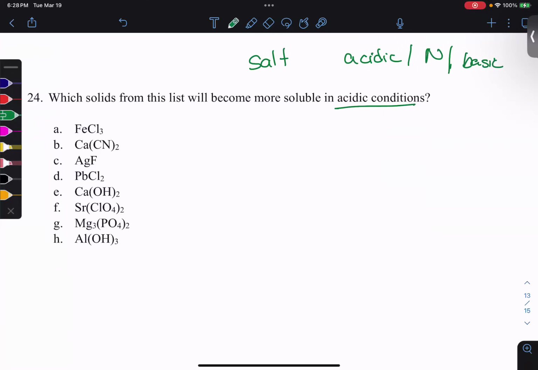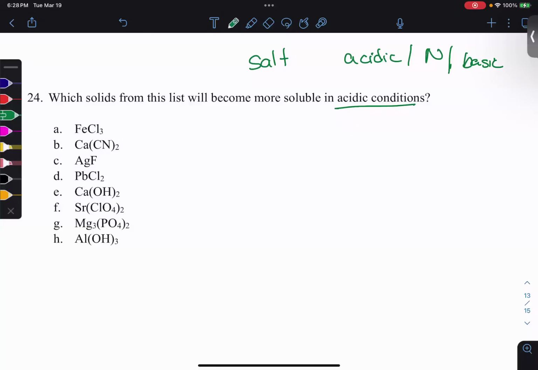Same exact skills here, right? Adding H+ to a salt that is basic, meaning that the anion is a base, will make it more soluble. So really what you're doing here is asking yourself, am I looking at an acidic salt, a basic salt, or a neutral salt?